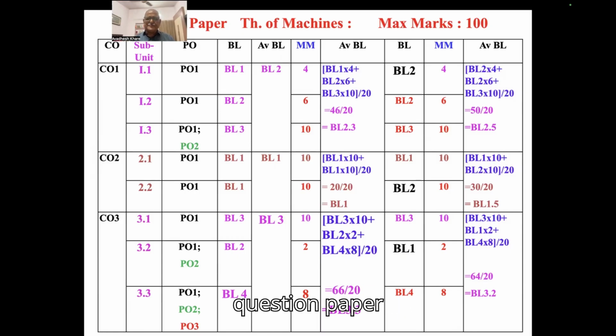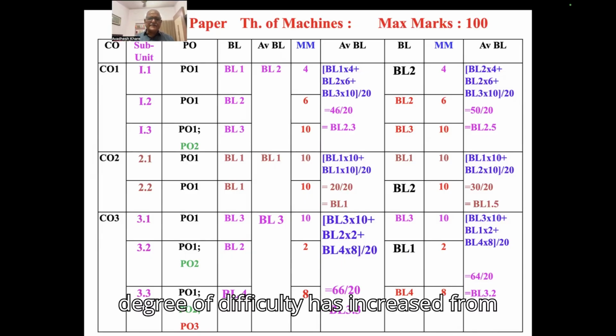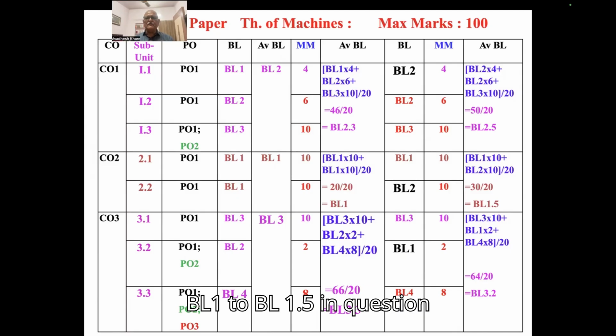And if the question paper contains a question for 2.1 at BL1 and a question for 2.2 at BL2, then the average BL level of question number 2 will be BL1 into 10 plus BL2 into 10 divided by 20, that is 1.5. So the degree of difficulty has increased from BL1 to BL1.5 in question number 2.